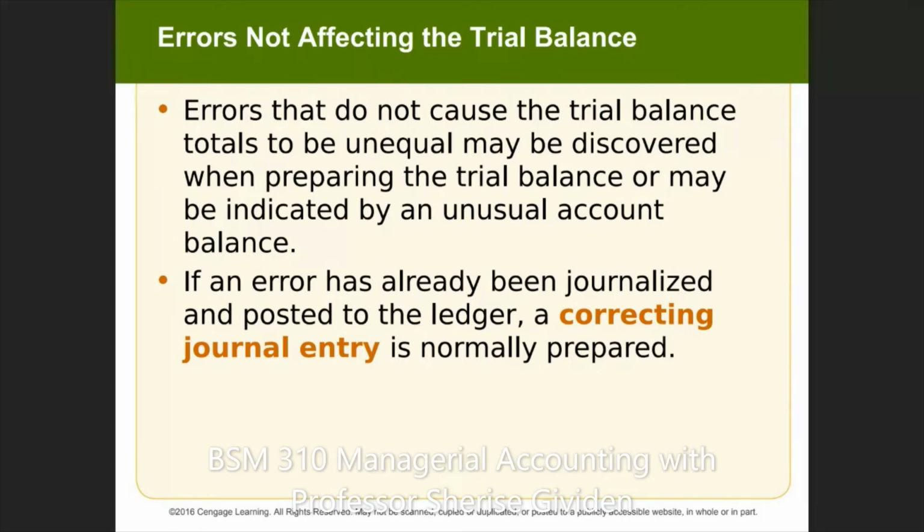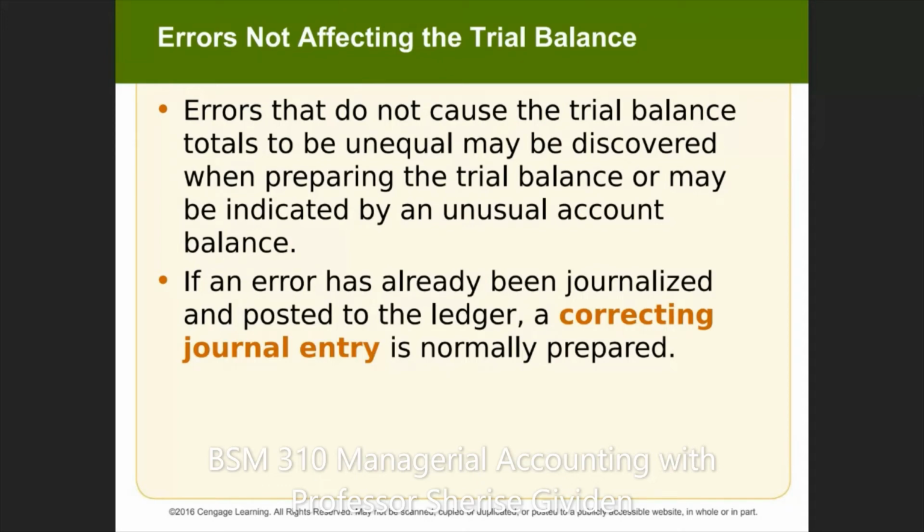In this slide, they're saying errors that do not cause the totals to be unequal. That means we have an error in our trial balance, but it's still balancing. It's still tying, so those are going to be harder to spot. Why? Because we're looking at it and we're like, it balances, everything's there, it ties. How are we off on this other report when our trial balance is tying?